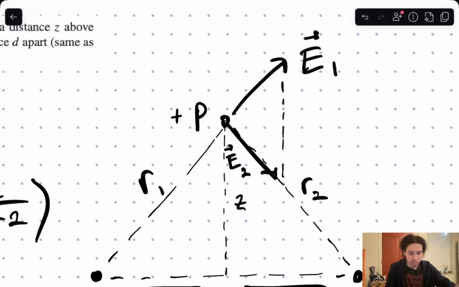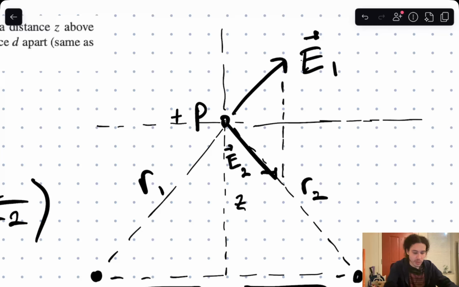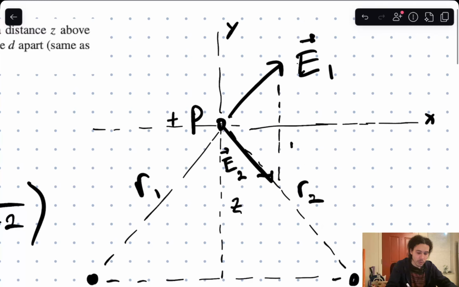Suppose I say that the origin of this coordinate system is right there at that point. Just for convenience, this is your x and this is your y axis. 1, 2, 3, 4, 5, etc. Doesn't matter. This point here is 0.